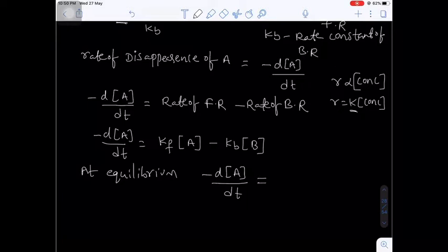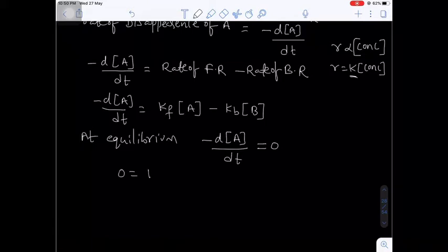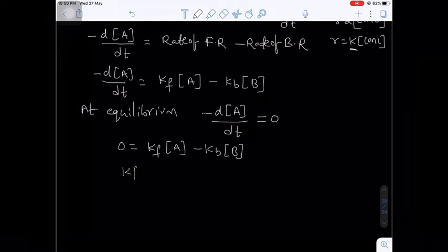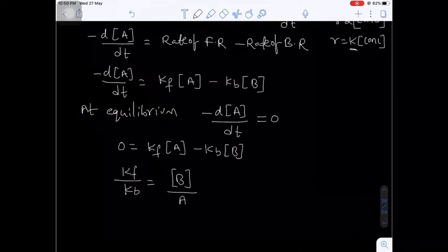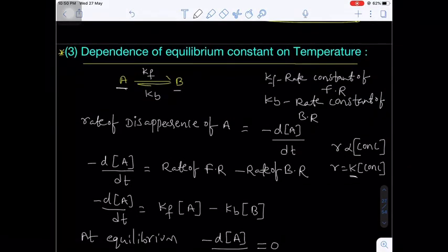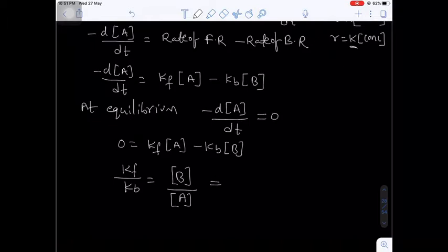All the concentrations become constant, so there is no change in the concentration of reactant A. So I take the rate of disappearance of A as 0. Bringing this into the above expression, 0 equals Kf times concentration of A minus Kb times concentration of B. From here, Kf by Kb is equal to concentration of B upon concentration of A. Otherwise, we can directly use the concentration of products divided by reactants, B divided by A, which is the equilibrium constant.